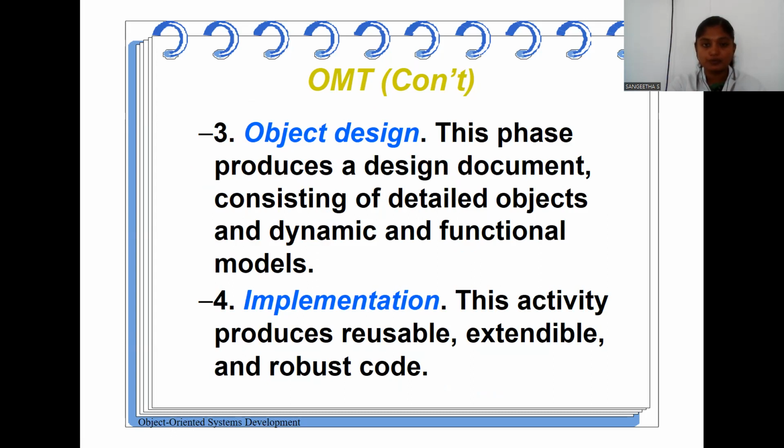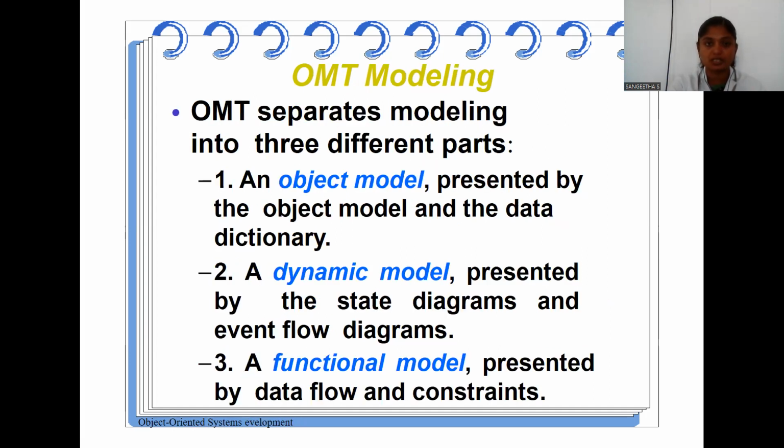The final output of this phase is a design document, which consists of detailed objects and dynamic and functional models. Finally, the last phase is the implementation phase. In implementation, we will implement all the things using some programming language. The output of this phase will be reusable, extendable, and robust code.